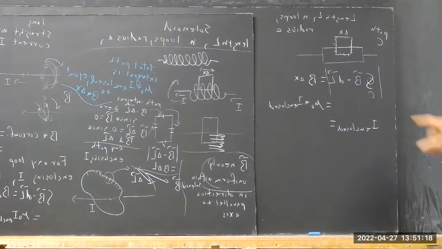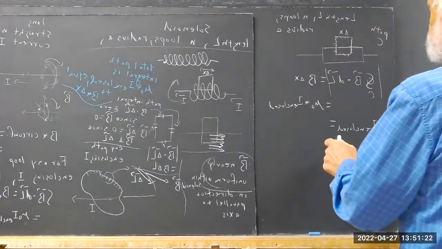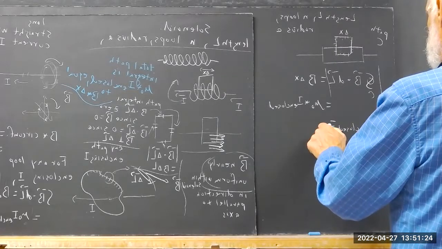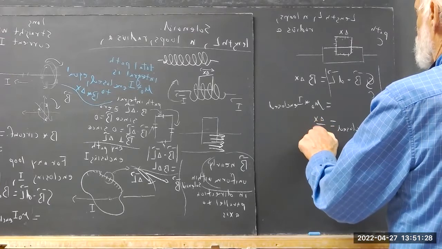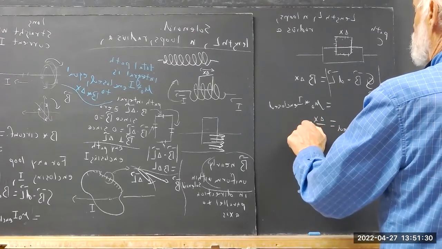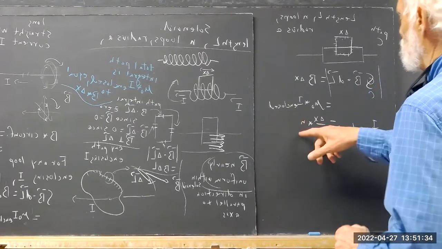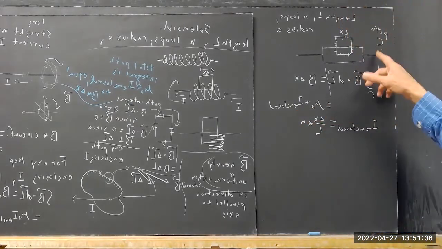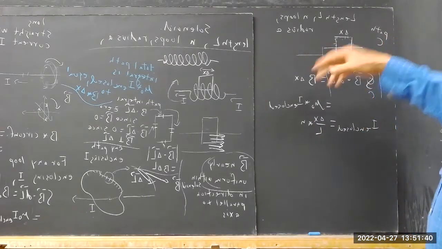How much current do you enclose in distance delta x? Well, it's delta x over L times N, because N over L is the number you have per unit of length. You've got N of them per unit of length.